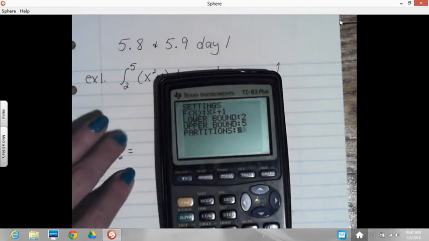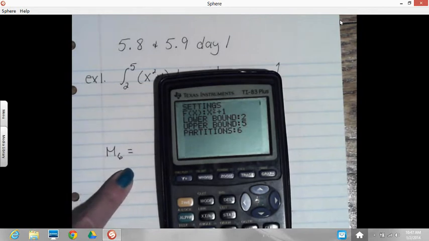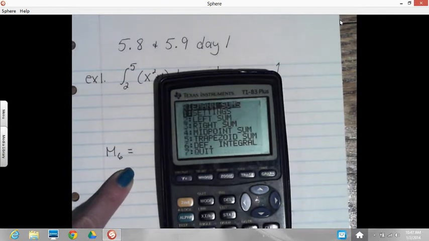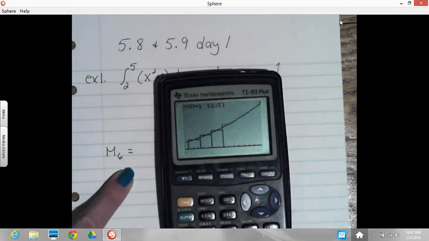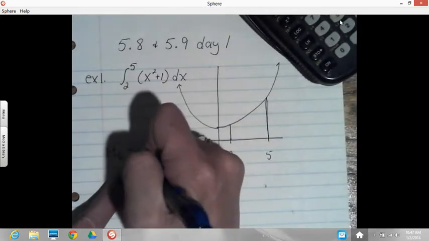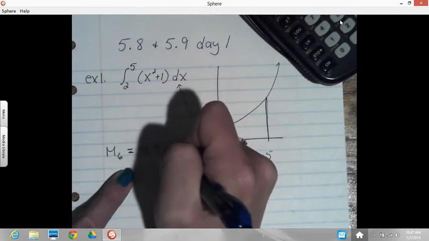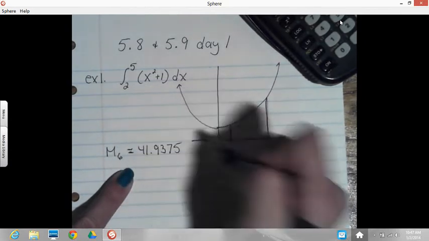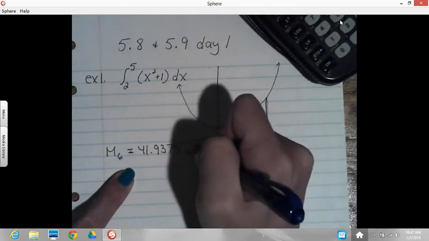And I wanted 6 partitions. That's a midpoint sum, so that's number 4. And that gives me the area under the curve is about 41.9375. 41.9375 square units under that curve.